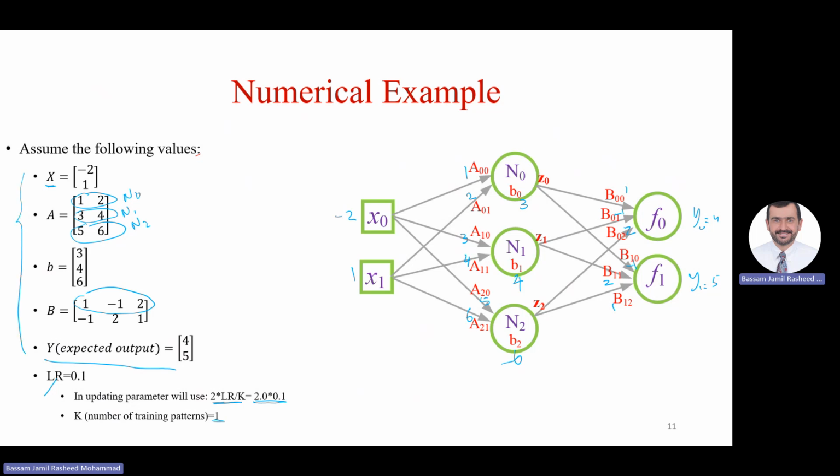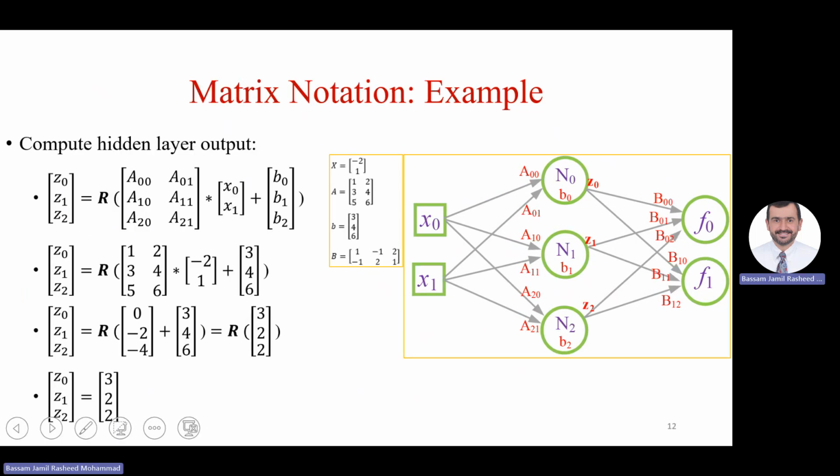So I'm going to evaluate this, and let's see how. We have learned this matrix notation. First of all, we compute those z's from the equations that we have. These are the values from my example on the previous slide. How do I compute z? We multiply the A matrix times the x plus the bias.